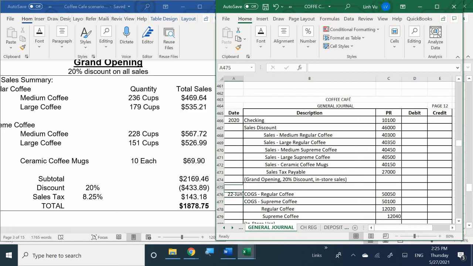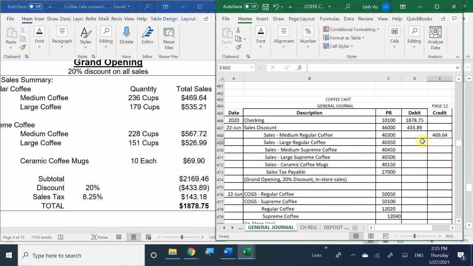All right, checking. We know today we're going to be depositing $1,878.75. Our discount was $433.89. Our sales for regular medium coffee was $469.64.